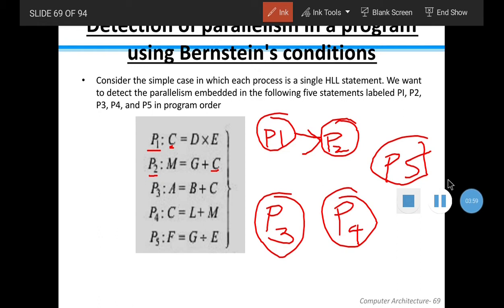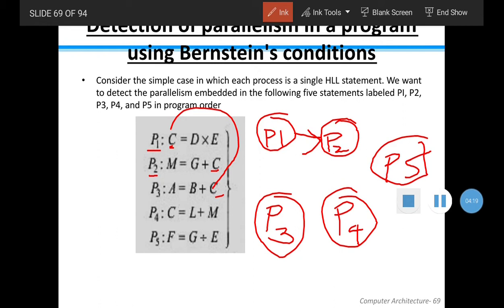Similarly, we have to compare P1 and P3. Again we are using C. If you observe, this C is used here in P3 also.